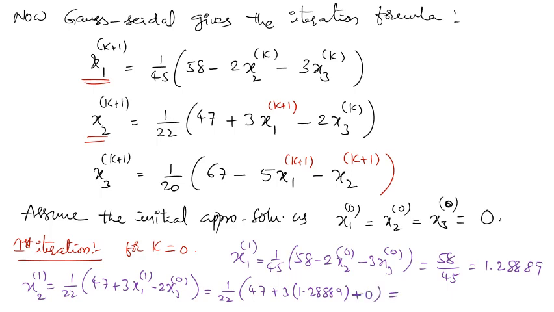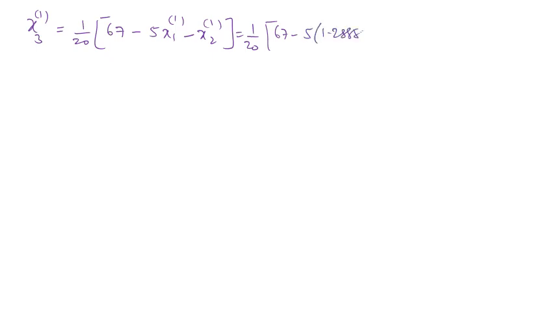This is equal to 2.31212. Now x3 at first iteration is equal to 1 by 20 of 67 minus 5 x1 at first iteration minus x2 at first iteration. Substitute those two values: 1 by 20 of 67 minus 5 into 1.28889 minus 2.31212. This value is 2.91217. This is the first iteration.